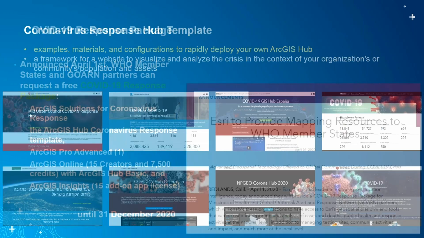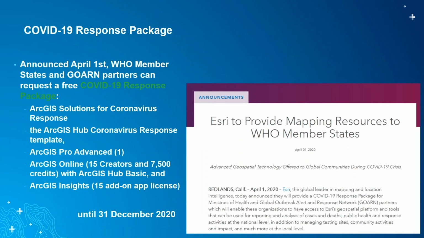We also have a couple of announcements. We have partnered with a few international organizations in responding to this pandemic. And on April 1st, Esri announced our support for the WHO member states, the Ministries of Health, and the Global Outbreak Alert and Response Network, or GOARN. The GOARN partners and the Ministries of Health can have access to the COVID-19 response package noted here.